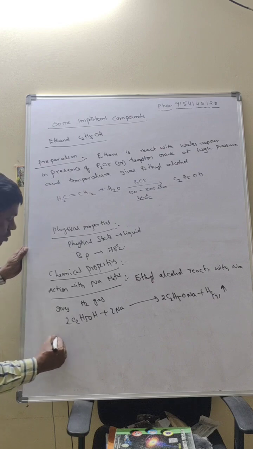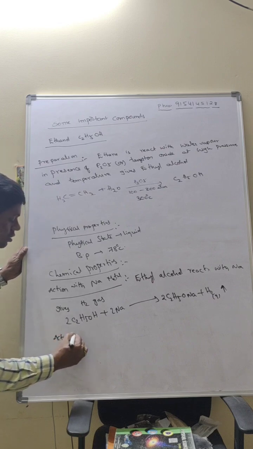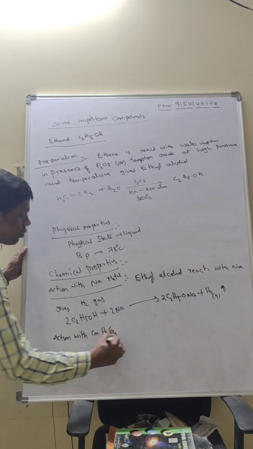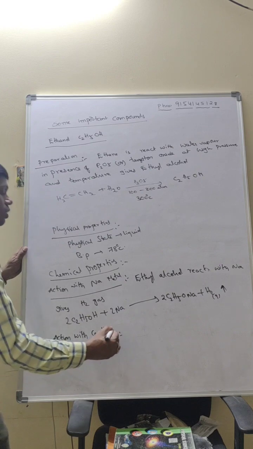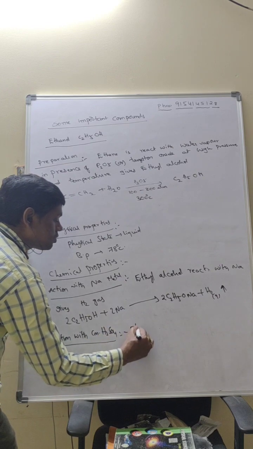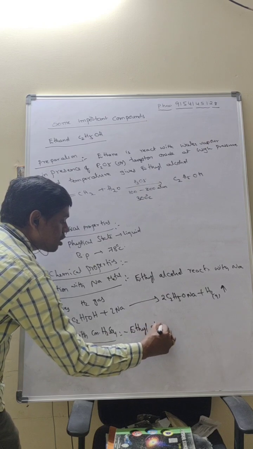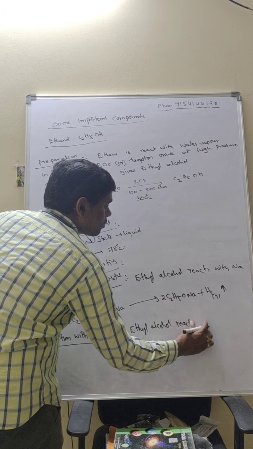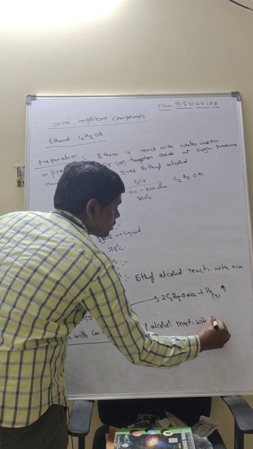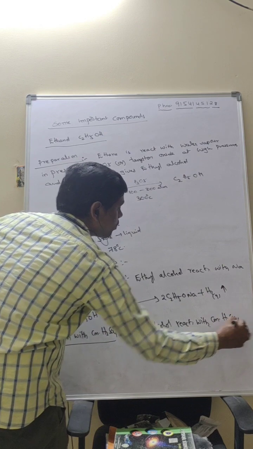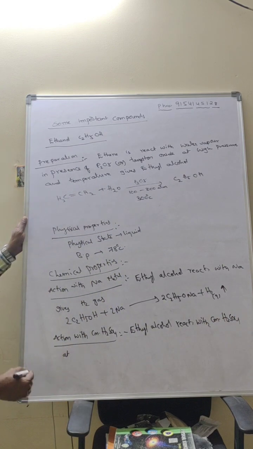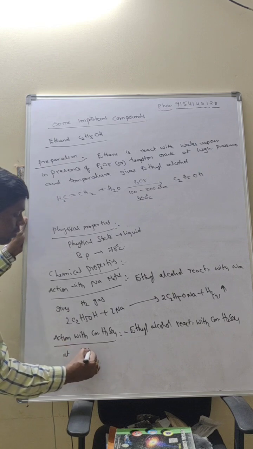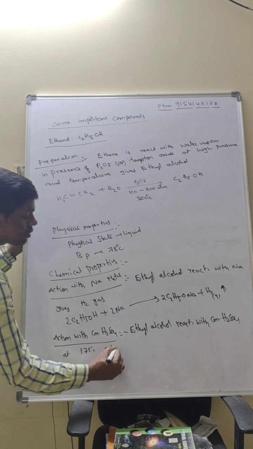Reaction with concentrated H2SO4. Ethyl alcohol reacts with concentrated H2SO4 at 175 degrees Celsius.